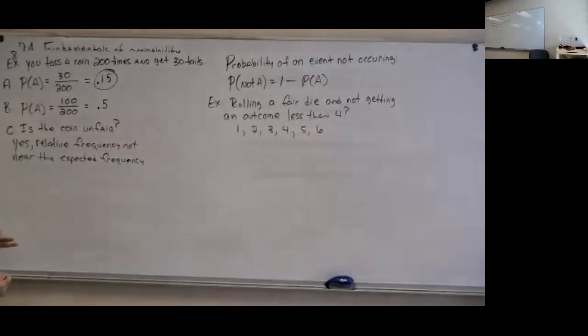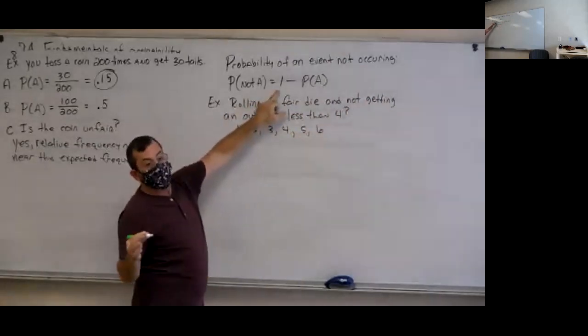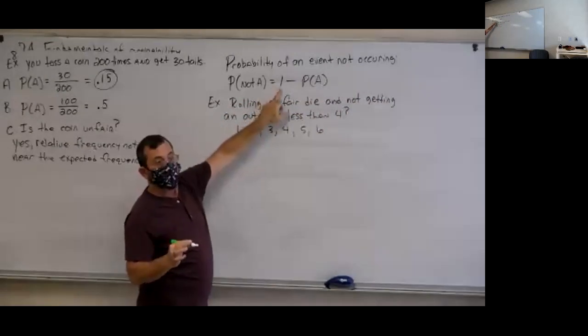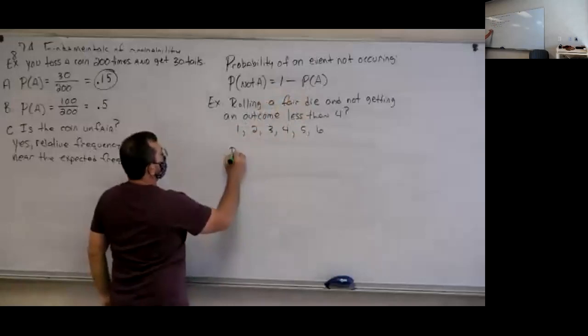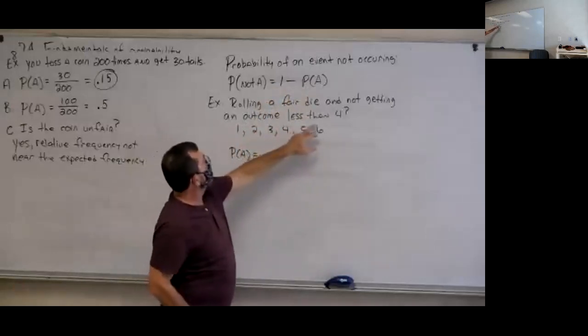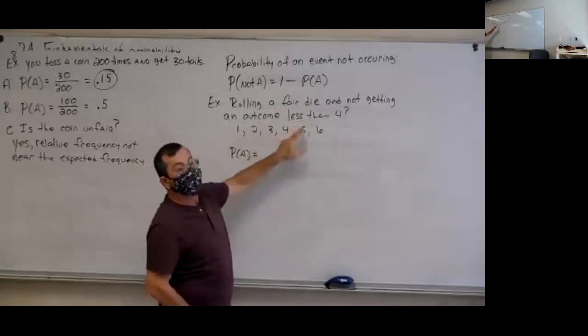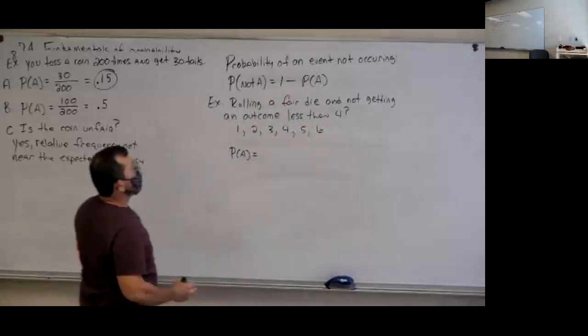So what they're saying is to use this formula. Now there are 2 ways I can work this problem, so I'll show you the first way. The first way is to find P of A. P of A would be the probability of getting an outcome that is less than 4, right? Does that make sense?